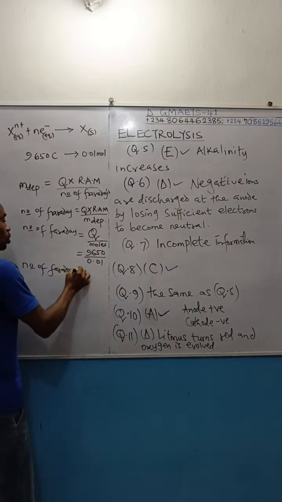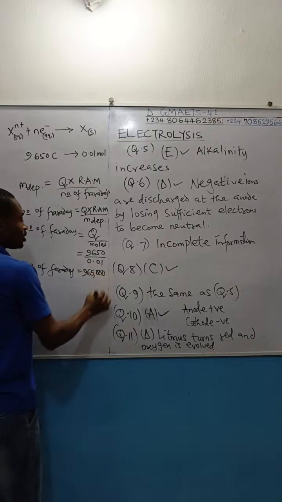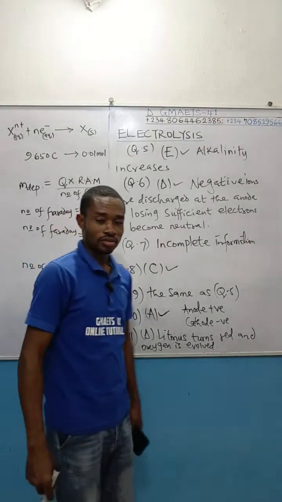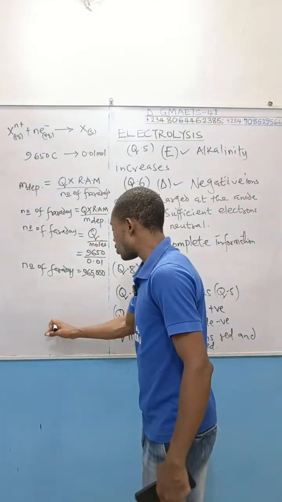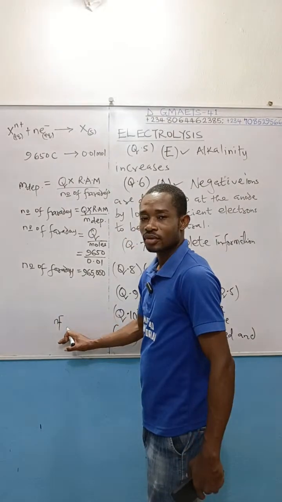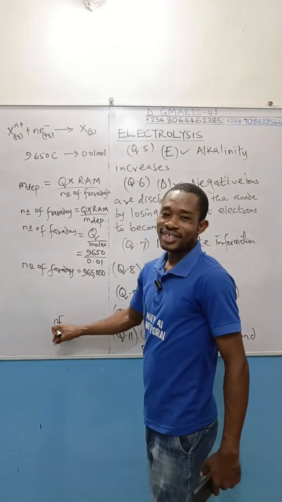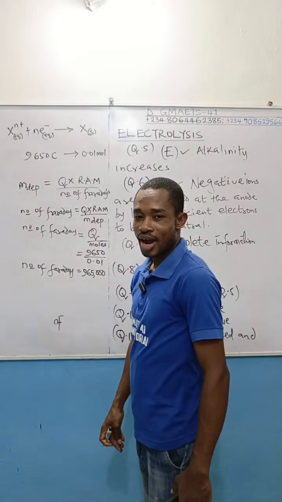So number of Faraday will be equal to 965,000. Now watch. To get the valency, remember, I had always written this formula as NF. This N is the ionic charge or valency, right?